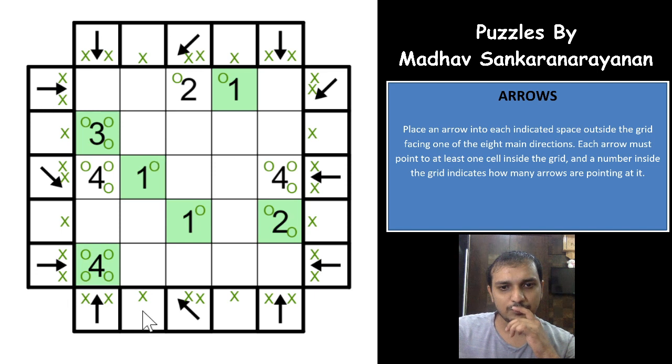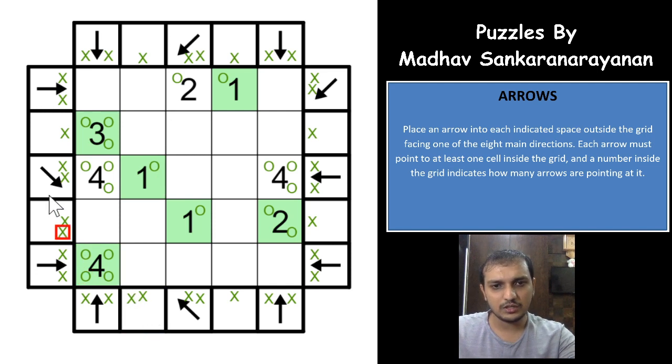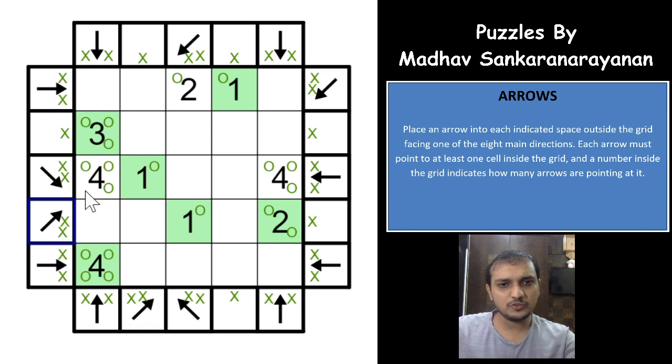This cannot point towards the cross. As the 4 is done, you cannot point across towards this one. Nice. So you have an arrow this way and this way, which completes this 4 as well because of this arrow.